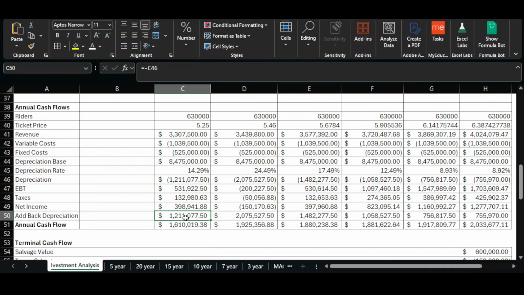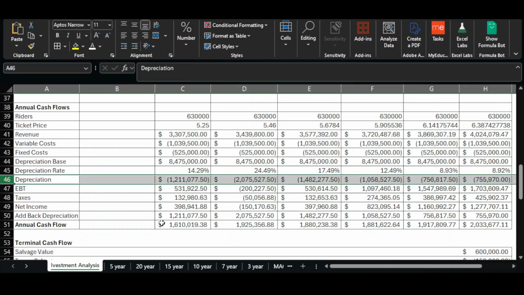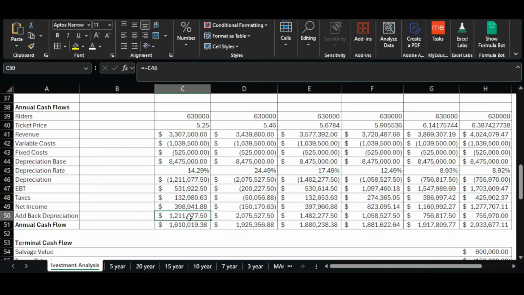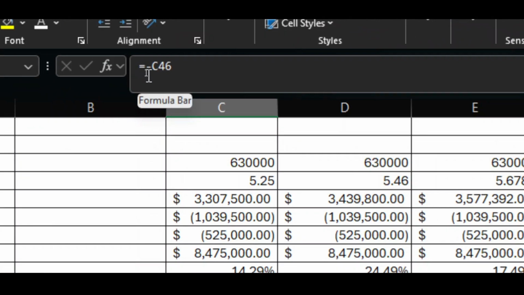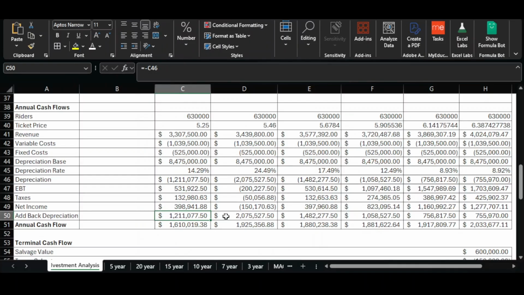There you go. So it's just a reference to this depreciation row item, only turned into a positive value. That is taken care of by the negative sign in this formula. Same thing here. If you're adding it back and considering it an earning or cash that comes in, then you have to turn it positive. That's why there's a negative in the formula to turn it positive.